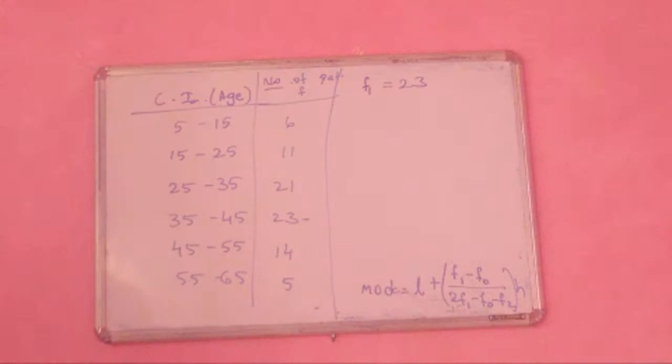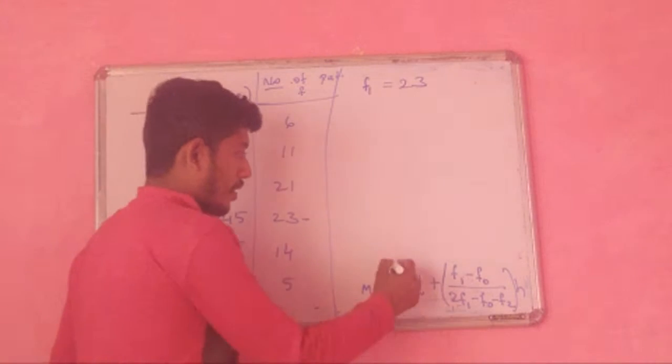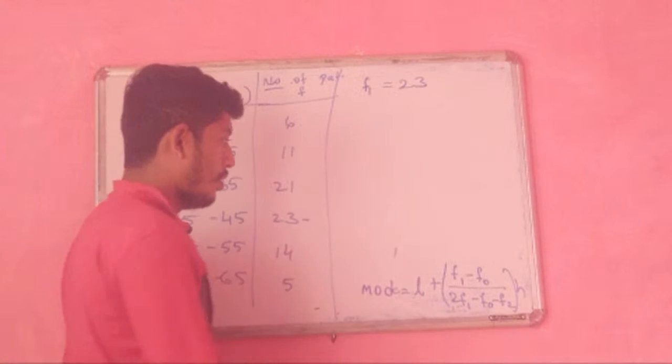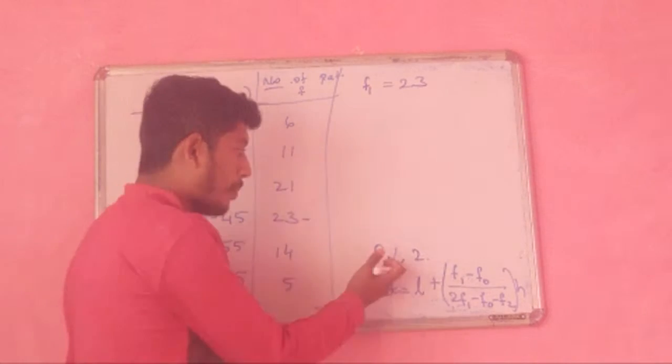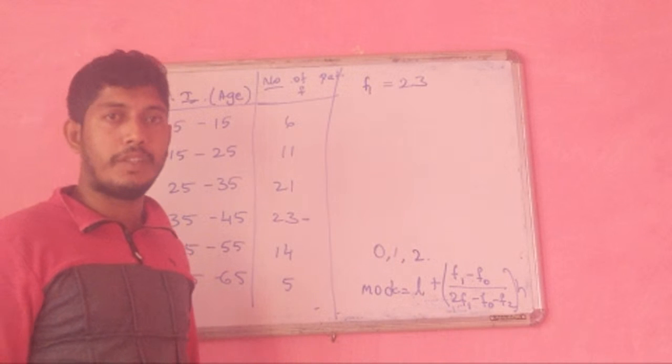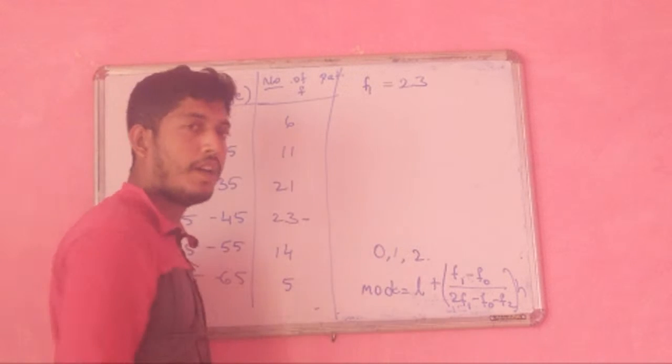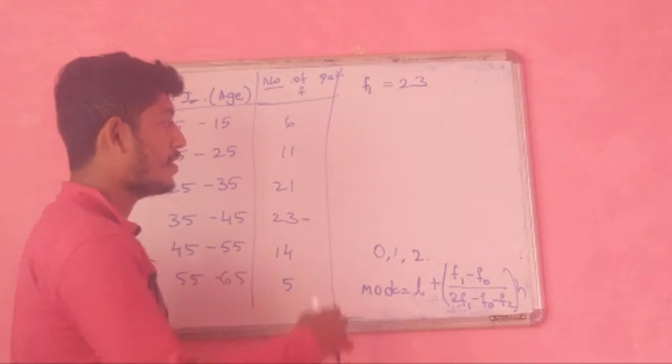The previous value is F0, the next value is F2. The previous one we call the preceding value, and the next one the succeeding value.